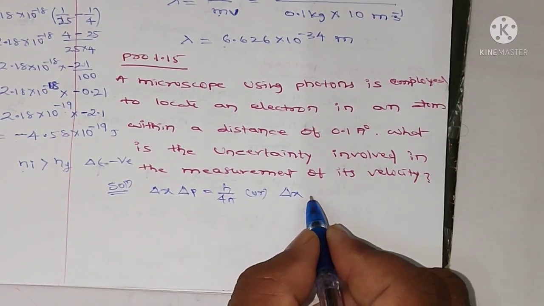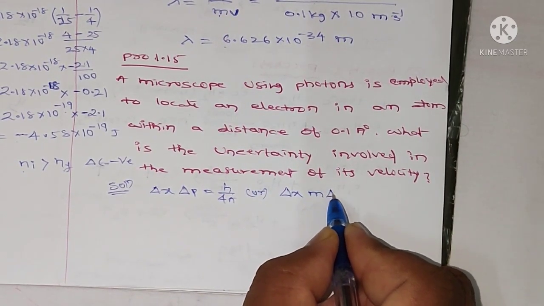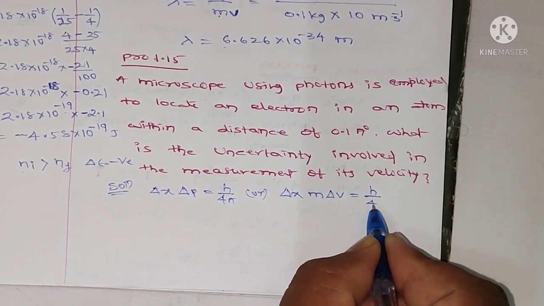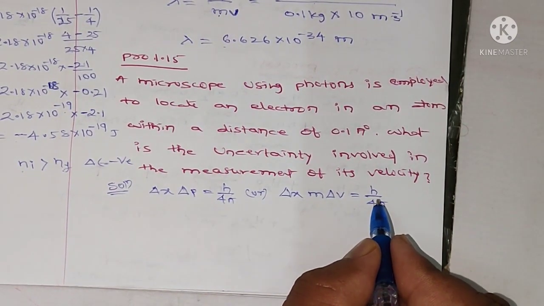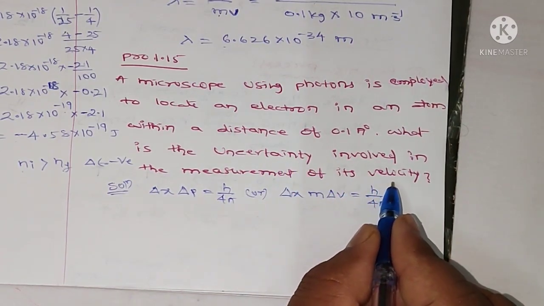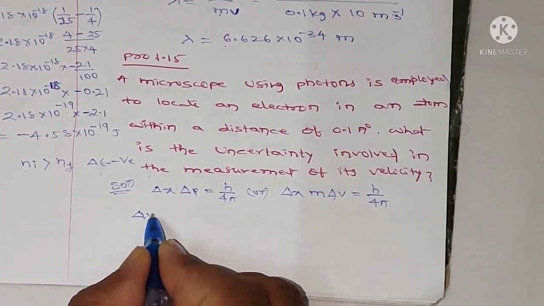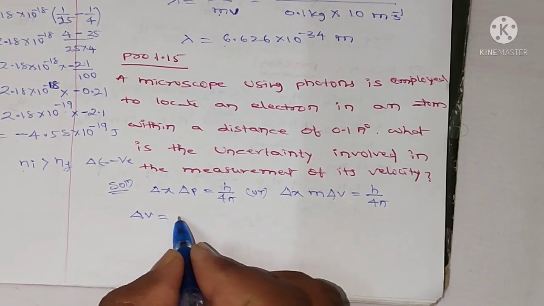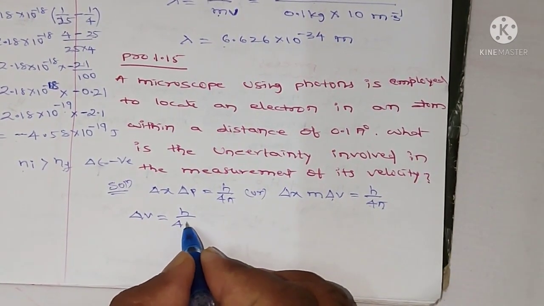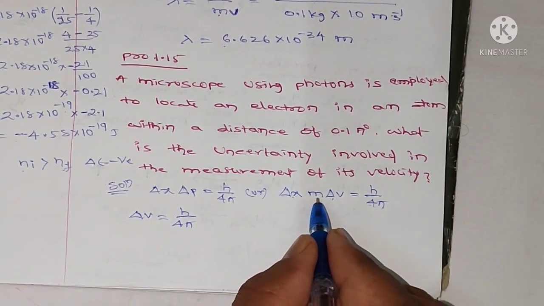So here m delta v is equal to h by 4 pi. So here we have to find out that uncertainty in velocity. So delta v is equal to h by 4 pi into delta x and m.